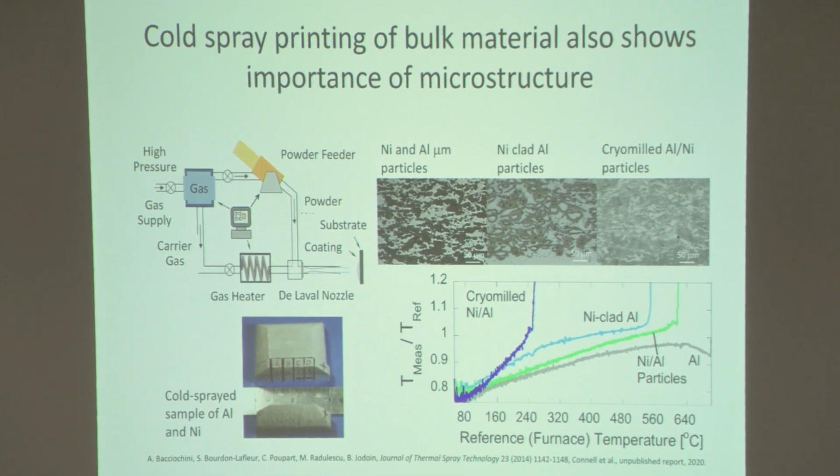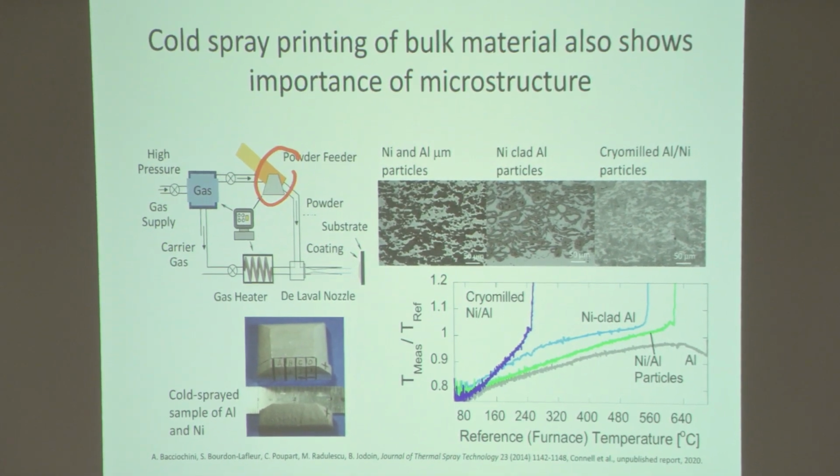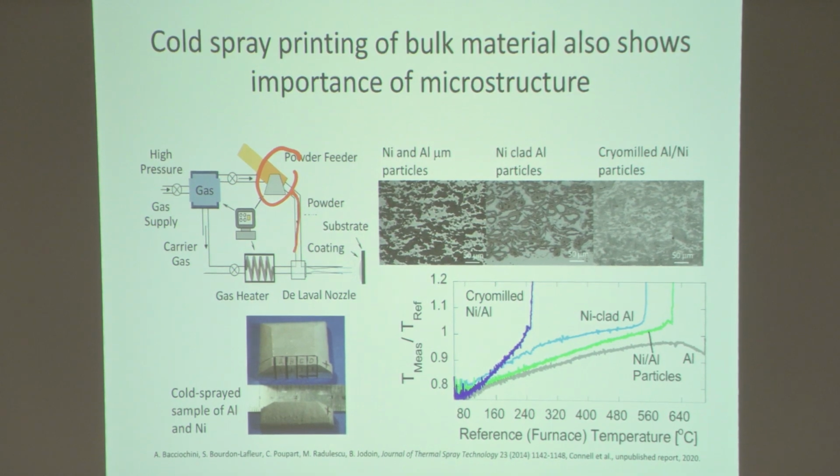So I have some sort of a powder feeder here. It injects powder into the throat of a de Laval nozzle, and I have a very high-speed carrier gas that could be heated, and it gathers the particles, and I accelerate them to very high velocities, and then I just use the impact to create the bonding at the surface.